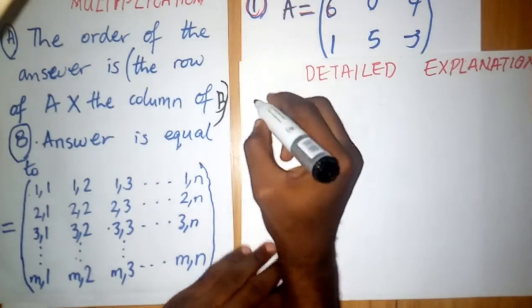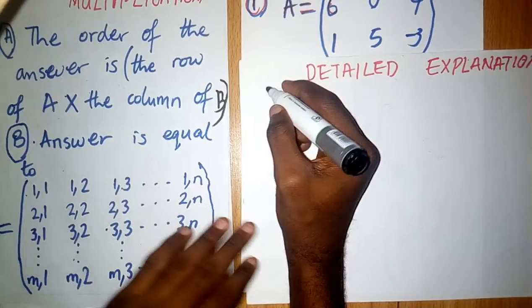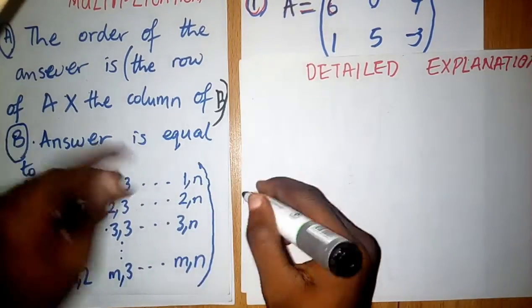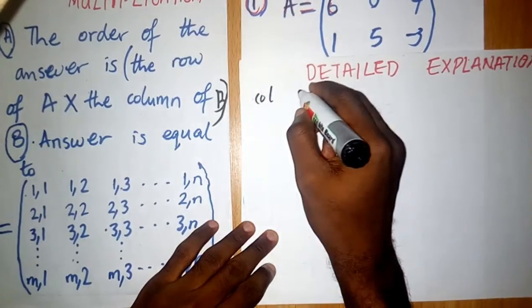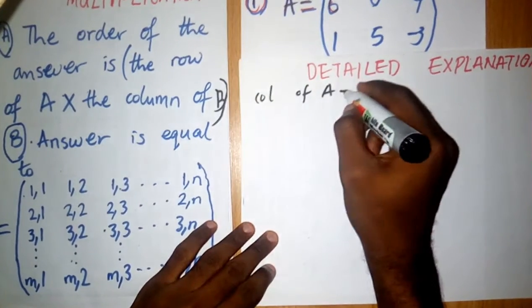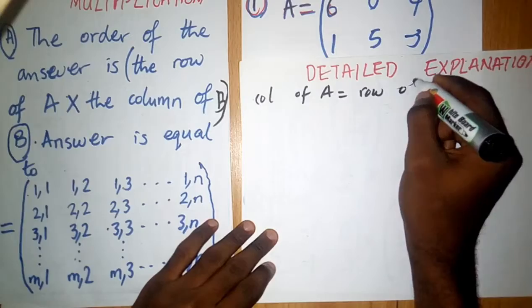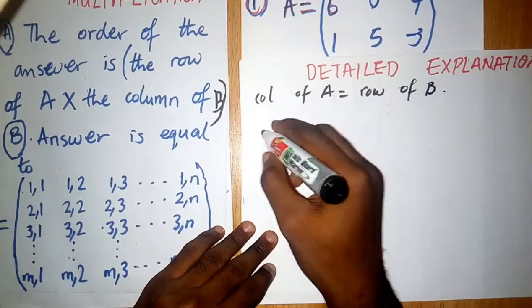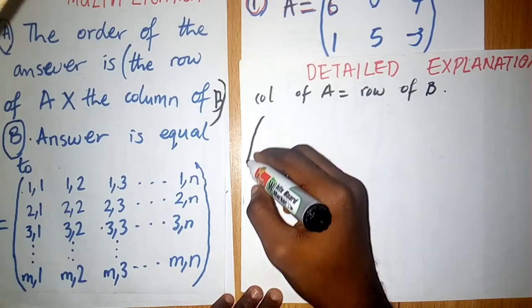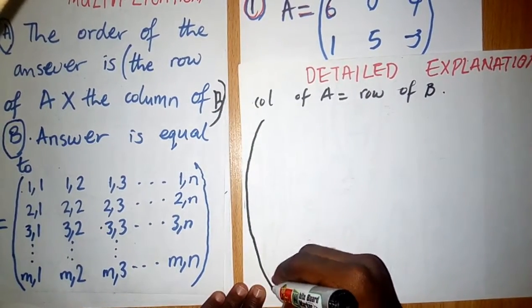Remember, the columns of A equal the rows of B. Now for the multiplication, this is how you do it.